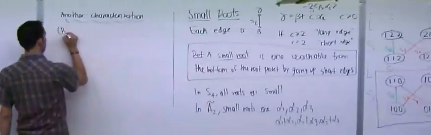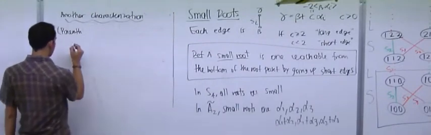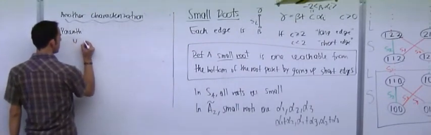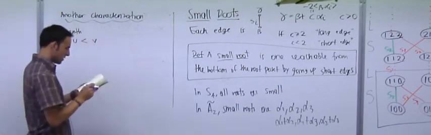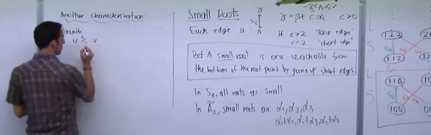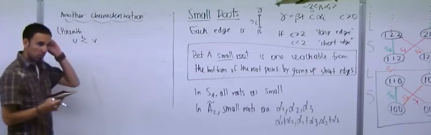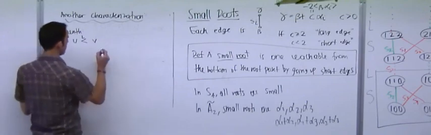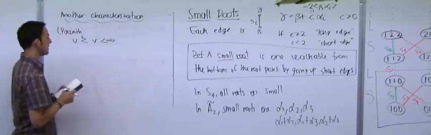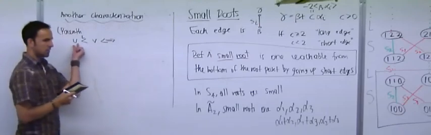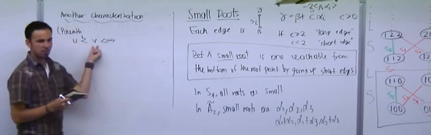So here's a little parenthesis. What does it mean for u to be less than v in the left weak order? Well, there were different ways of saying this, but one way was that the descent set of u was contained in the descent set of v.